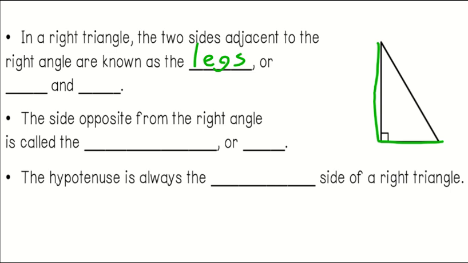When we work with the Pythagorean Theorem, those legs are going to be known as side A and side B.